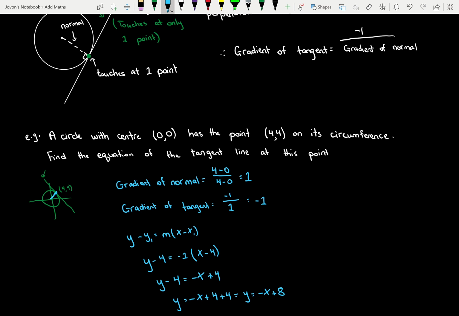This is how we get the equation of a line which is tangent. We could also find the equation of the normal, because we already have the gradient of the normal, and we know a point that the normal passes through is also 4, 4. So both the normal and the tangent in this case pass through the point 4, 4.